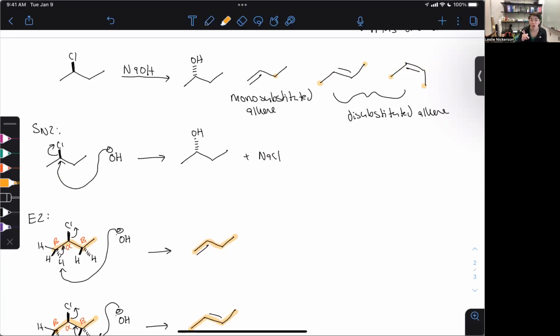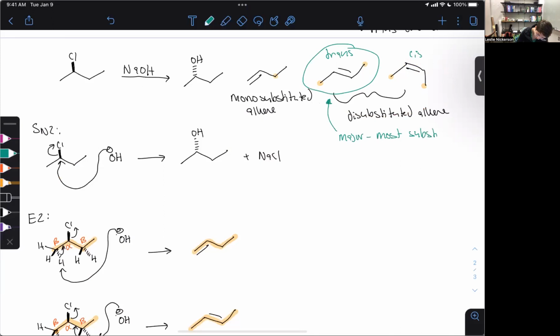Okay, we've got 1 carbon versus 2 carbons versus 2 carbons. Okay, so then that means that these are more substituted, but overall, this trans alkene is going to be my major product because it's the most substituted and trans. Okay, so it's the most stable of all the alkenes possible.